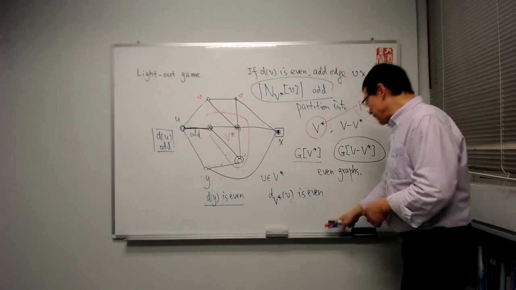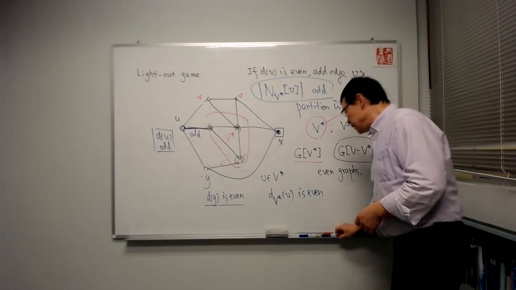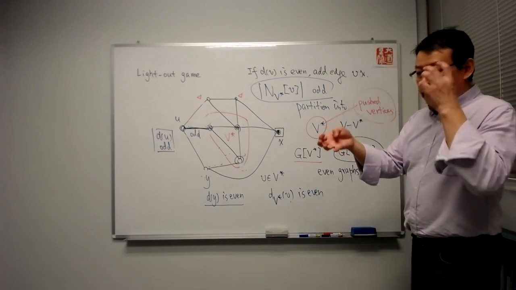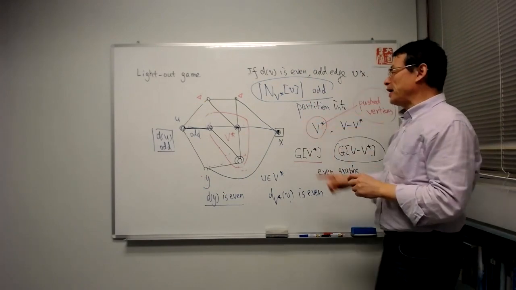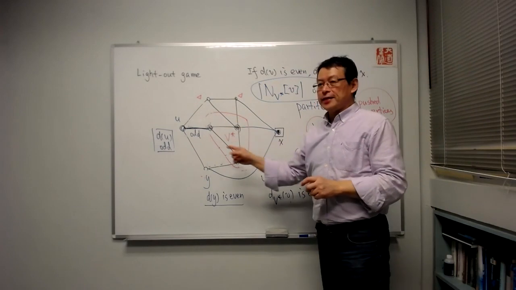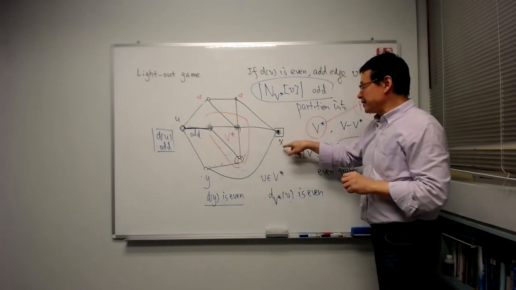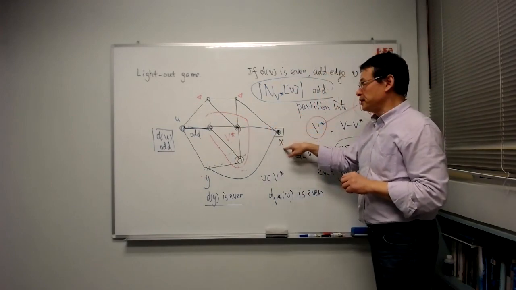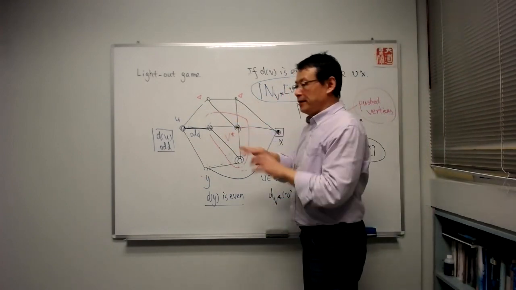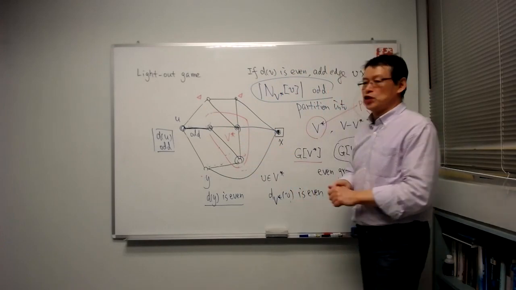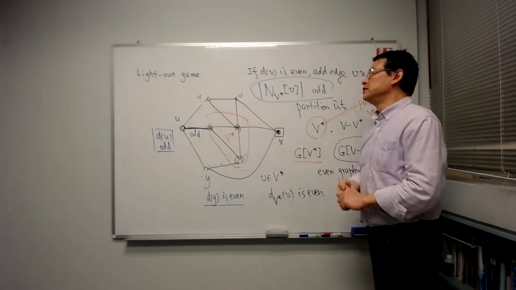So you see that we can use a partition of a graph into 2 even graphs, then use this partition to define the set to be pushed. That's the part that will not contain this particular vertex. Once we push all vertices here, the status of every vertex will change from on to off.